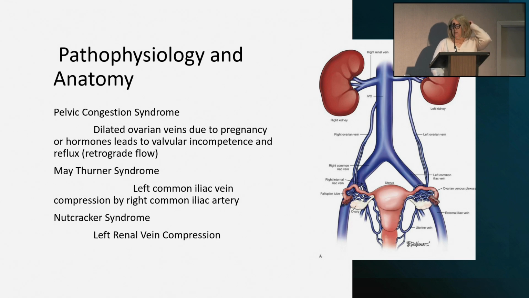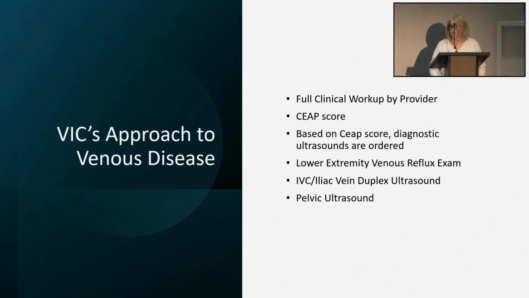Talked a little bit yesterday about May-Thurner in the talk last night at dinner. Dr. Lassar covered, or Dr. Harris covered, compression of the left common iliac vein by the right common iliac artery, and then nutcracker, left renal vein compression. For the purposes of this talk, we're going to focus on the iliocaval system.